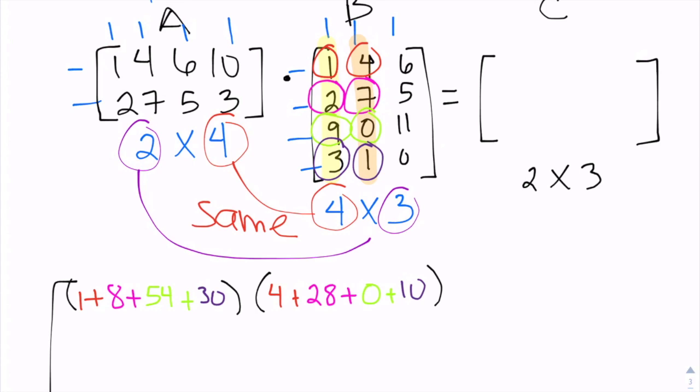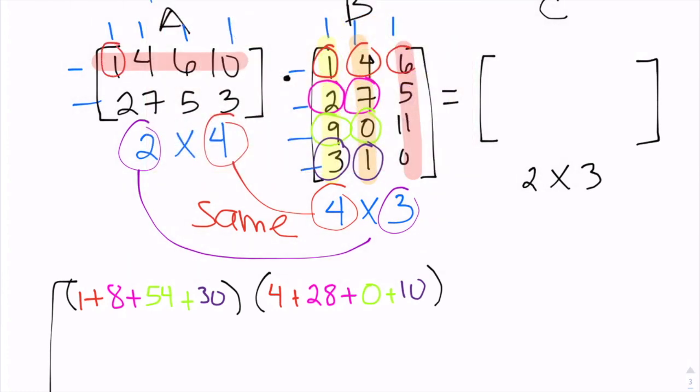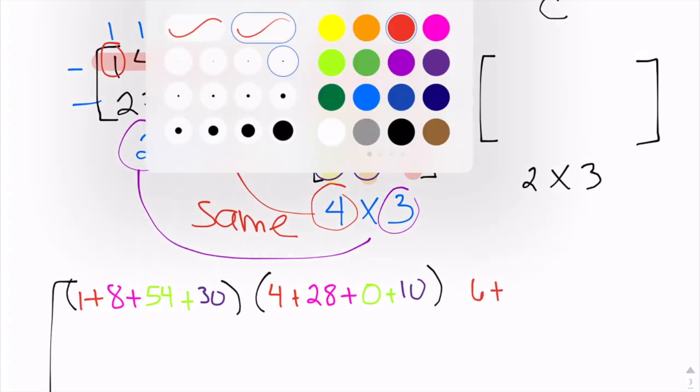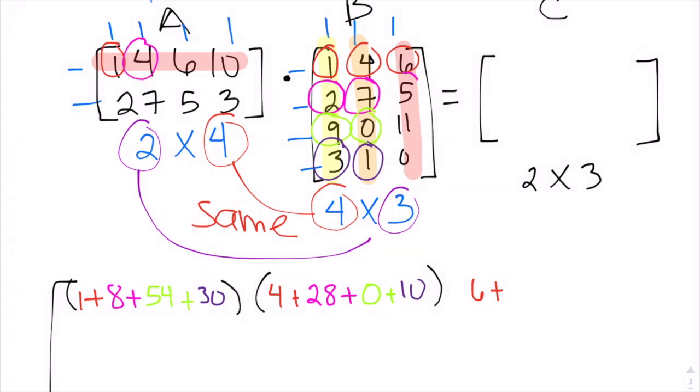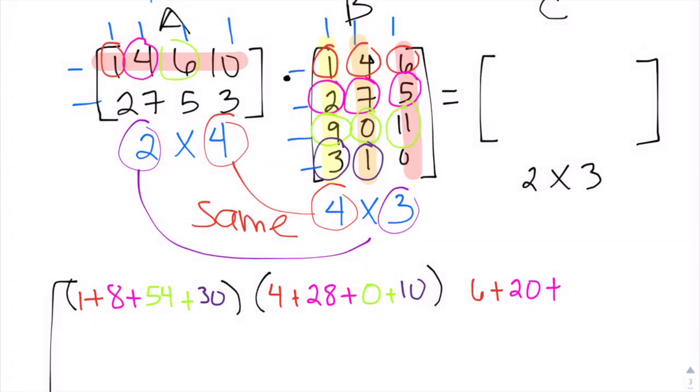Okay, so now we're going to move on again, and now we're going to do row 1, column 3. So row 1 times column 3 here. So we're going to do 1 times 6, which is 6, plus 4 times 5, which is 20, plus 6 times 11, which is 66, plus 10 times 0, which is 0.